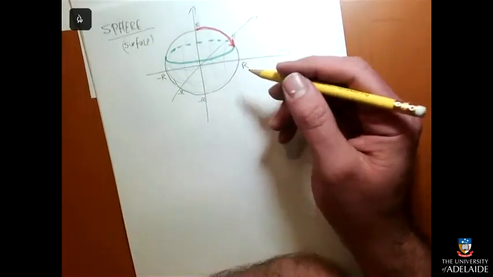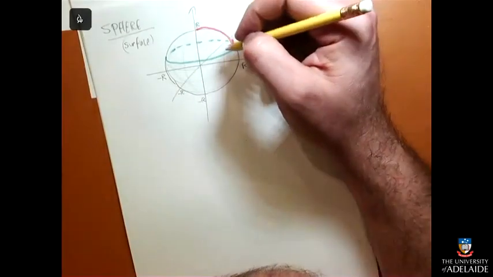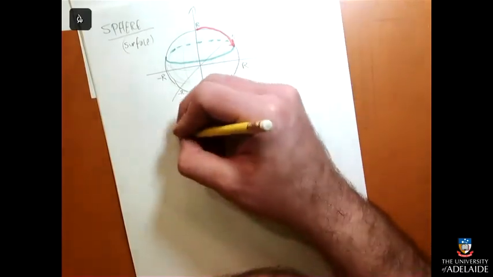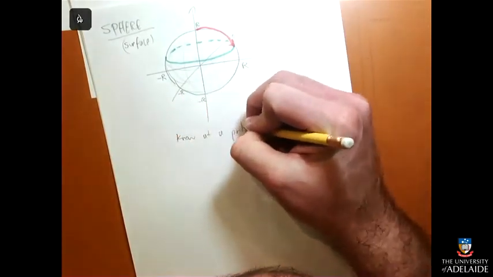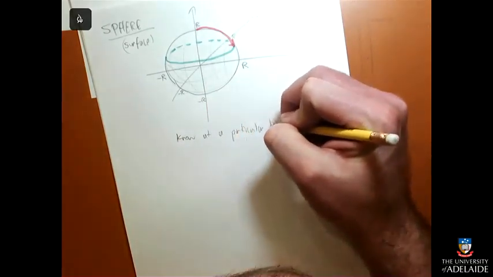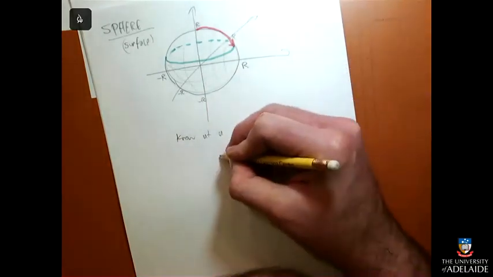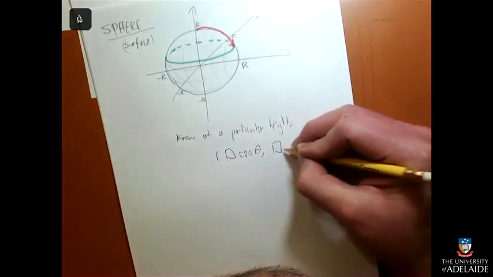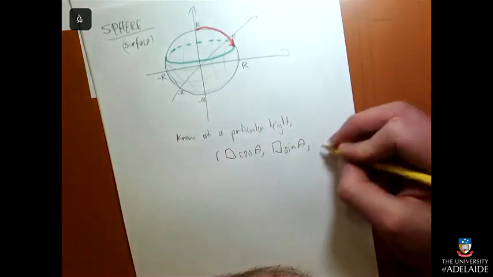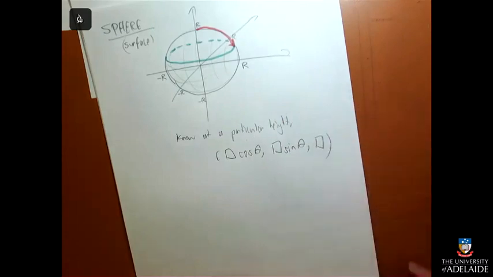So I know that at a particular height, it'll be something cos theta, something sine theta, times whatever the height is. Definitely know that. And theta is the blue angle here, which tells you how far round the circle you are.